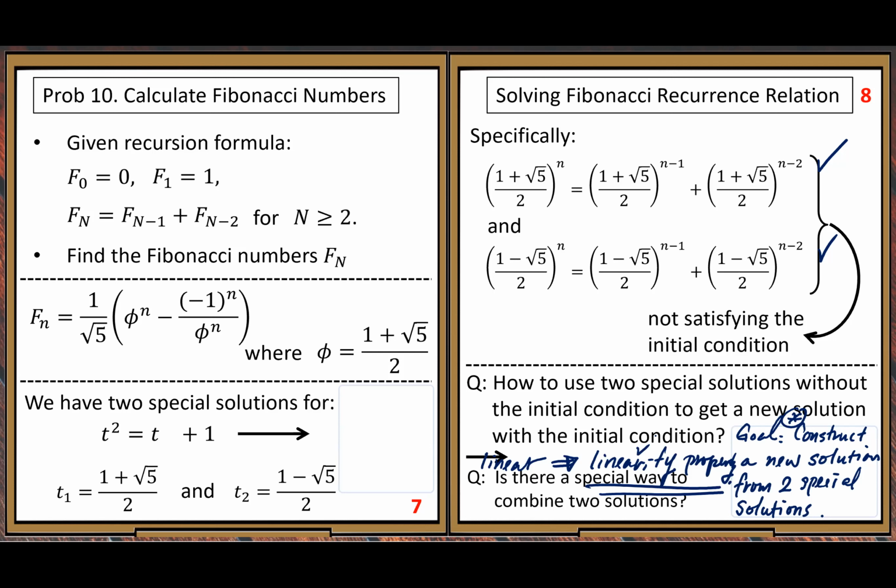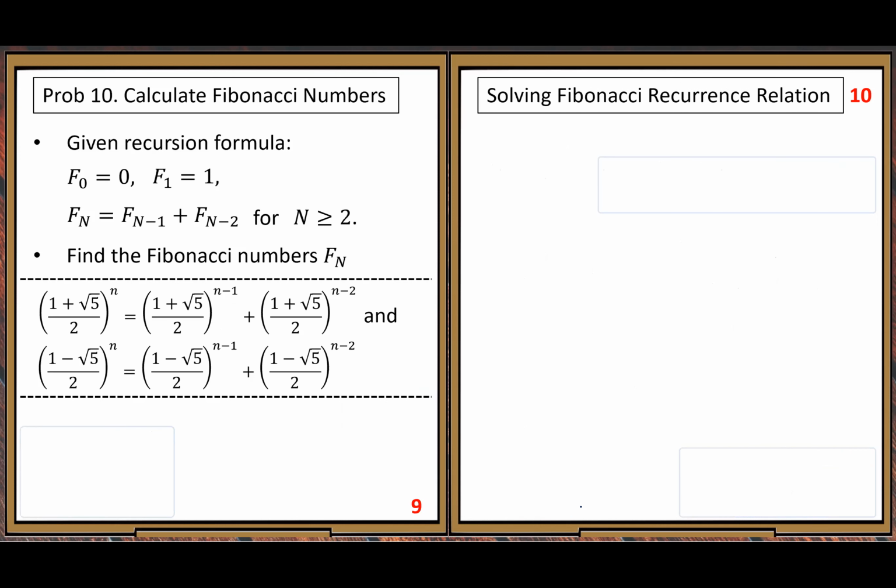Taking advantage of the linearity property, we can combine two solutions in a special way, and this way comes from the linearity property.